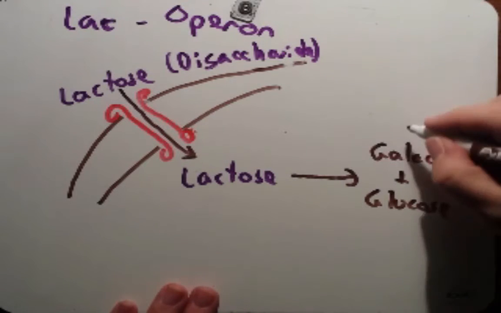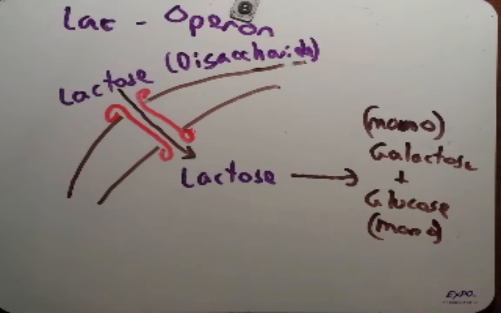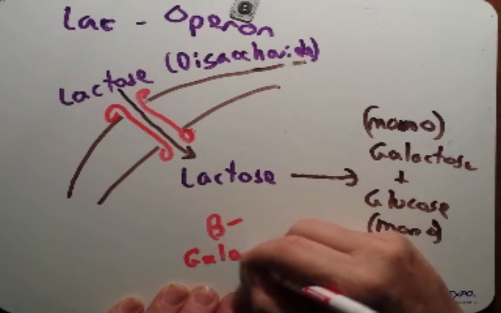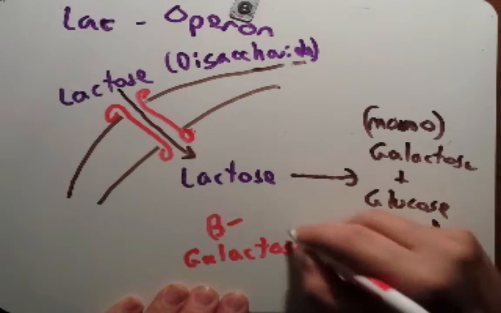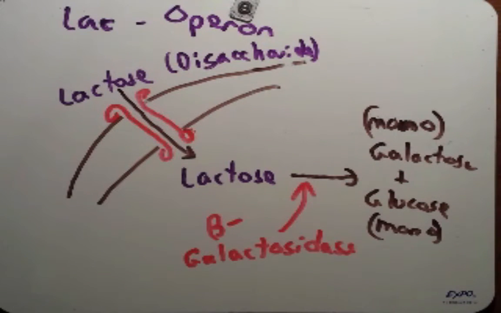Galactose and glucose are both monosaccharides. To use one of these more complex sugars, it almost always has to be broken down into glucose or galactose or some other monosaccharide. It is broken down into glucose and galactose using an enzyme called beta-galactosidase. And this enzyme functions right here by converting lactose into galactose and glucose.